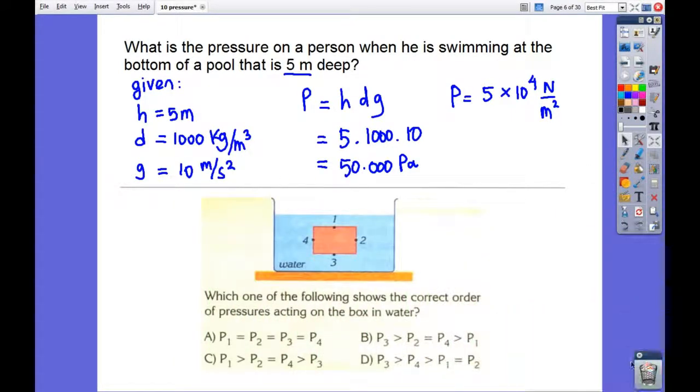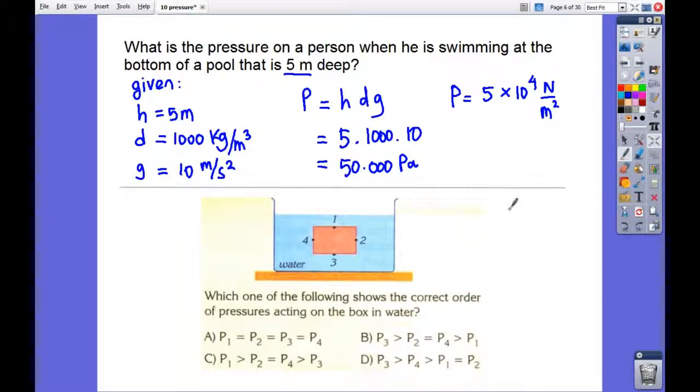Next question. Here we have a block that is immersed inside the water. There are points 1, 2, 3, and 4. Which one of the following shows the correct order of pressures acting on the box inside the water?